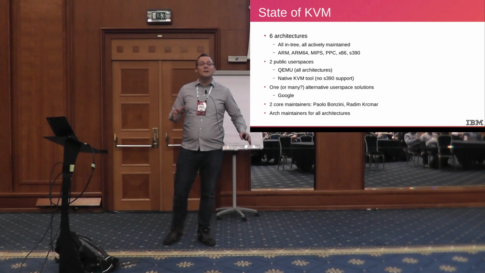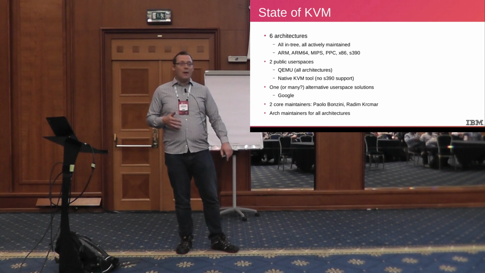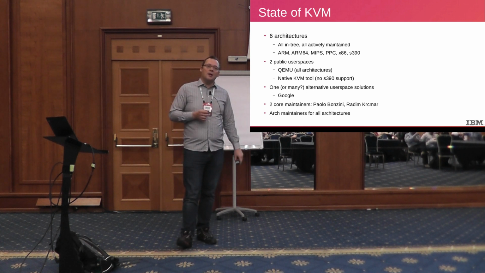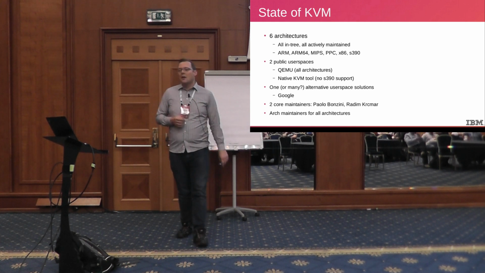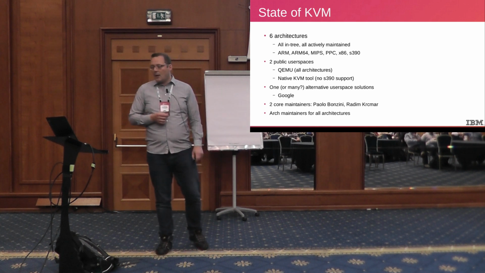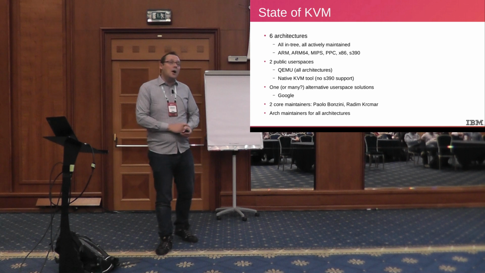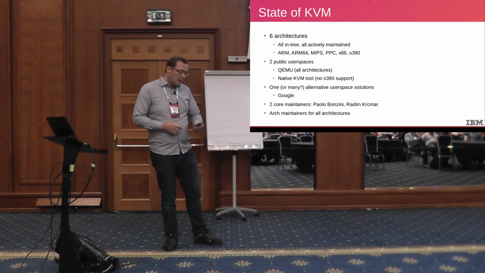So we have at least 3 known user spaces driving KVM, which shows that having a good kernel interface allows people to do specific things that differ from what people do on other occasions. We have 2 core maintainers, Paolo and Radim, and for all architectures, we have architecture maintainers actively maintaining that architecture.